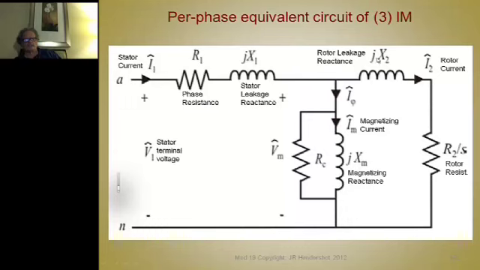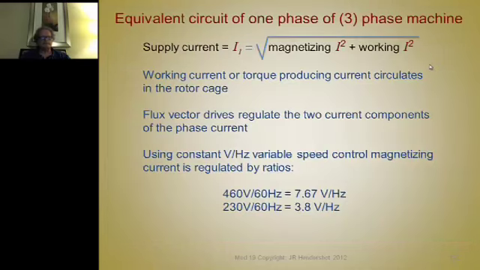The rotor leakage reactance, the rotor current, and the rotor resistance, and then the magnetizing reactance, and finally the magnetizing current. So the magnetizing current is magnetizing the circuit, and the rotor current vector is producing the torque in the machine. So these values can all be measured with an actual motor, but they can also be calculated.